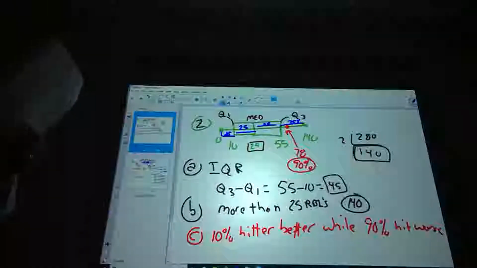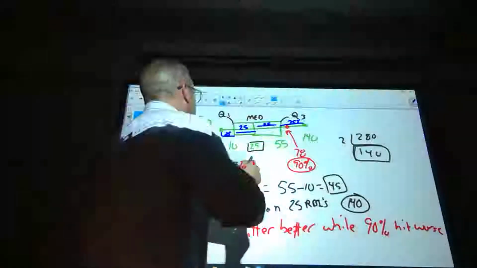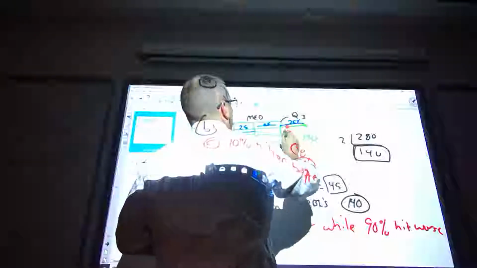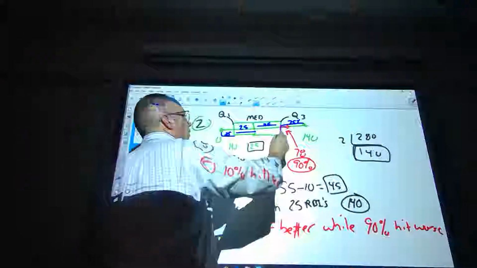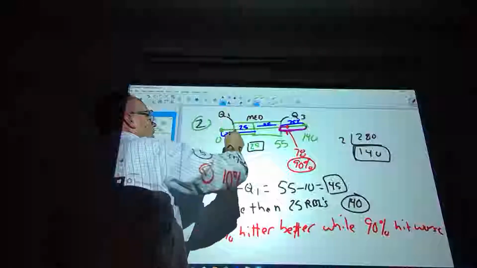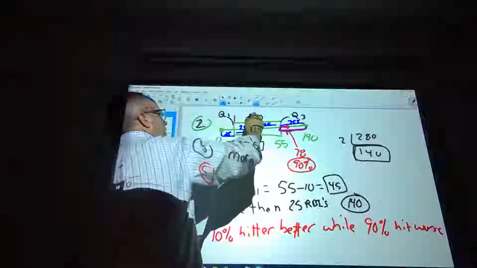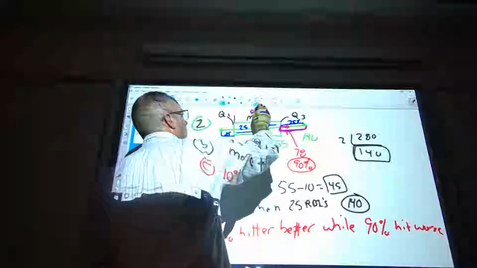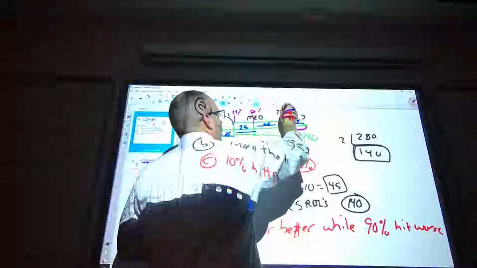How many players hit between 56, so right here, to here? So if 25% of my data is here, and this is at my 90th percentile. Okay, so look at it this way: 25, 50%, 75%.